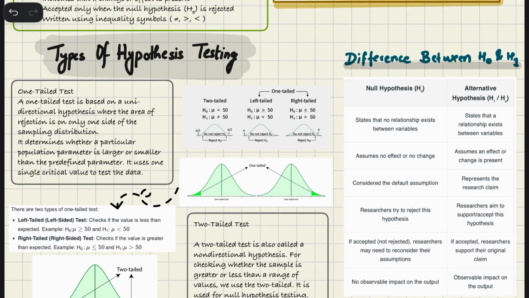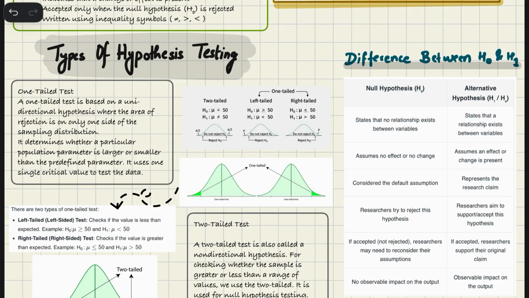So the rejection region is split equally on both tails of the curve. You see over here, two-tailed test. This is the curve and both regions are considered in the two-tailed test. Now the one-tailed test is quite easy to understand: this is the directional hypothesis.